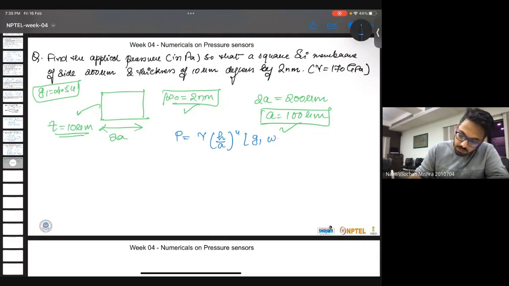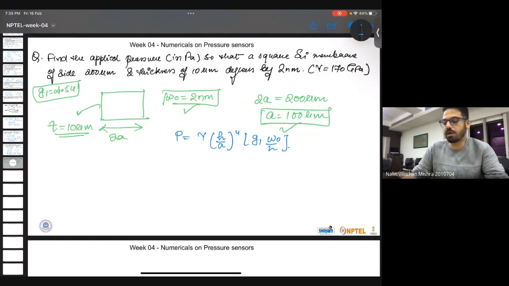G1, please put the values and let me know the answer for P. Find the applied pressure so that a square silicon membrane of side 200 micrometer and thickness of 10 micrometer deflects by 2 nanometer.